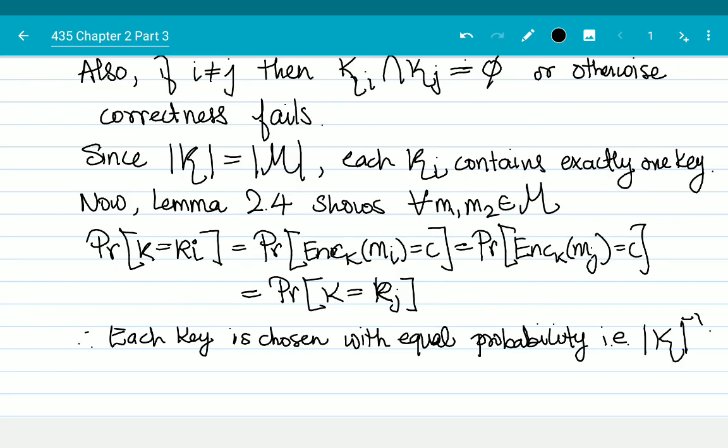And therefore, as required by condition 1, condition 1 is fulfilled, and condition 2 was fulfilled from here, exactly one key, a unique key existing. Now we have shown condition 1. This means that both the conditions of Shannon's theorem are satisfied, and that completes my proof.